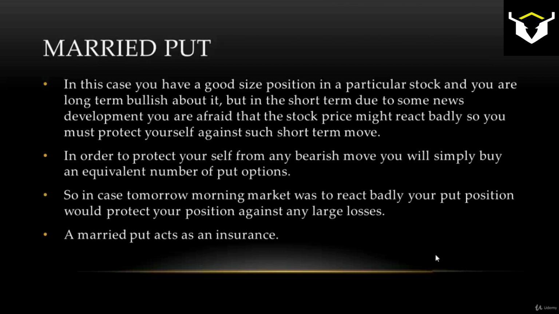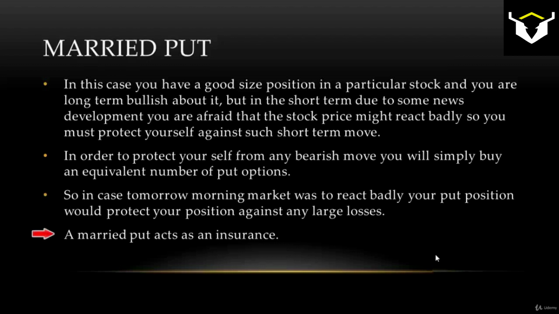It's quite simple. You will simply buy a fairly out of the money put, an equivalent number of put options. So in case tomorrow morning the market reacts badly, your put position would protect you against any large loss. Once the market price crossed the put strike, you'd start making profit.